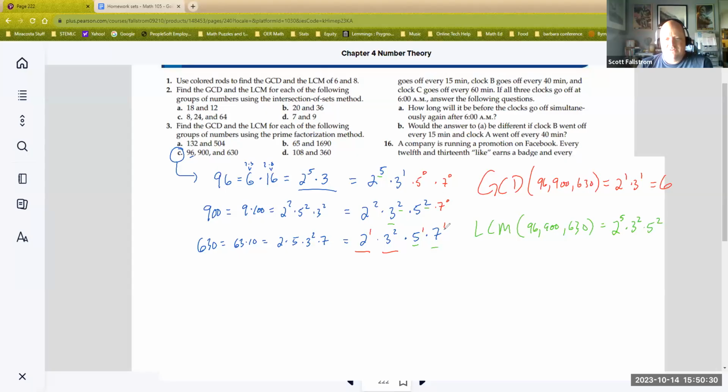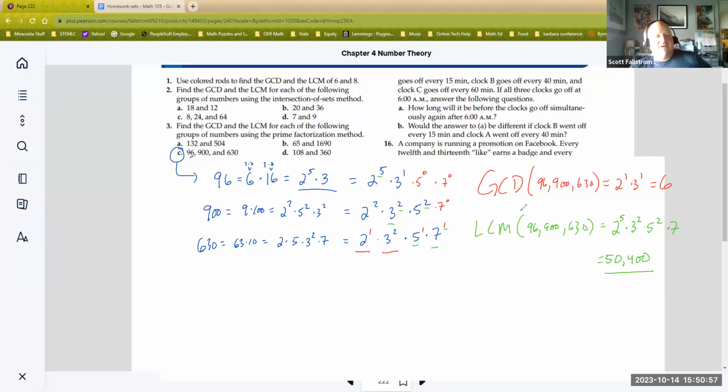And in the 7's, the biggest is 1, so times 7. And that would be it. This is perfectly fine to leave in factored form. If you really wanted to multiply it out, you have 32 times 9 times 25 times 7. So if you really wanted to write it all the way out, feel free to. It's 50,400.